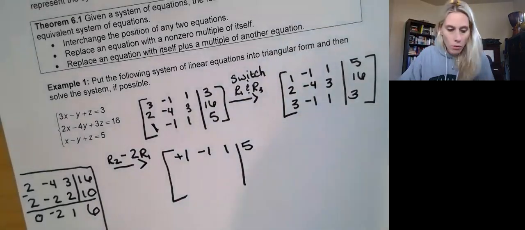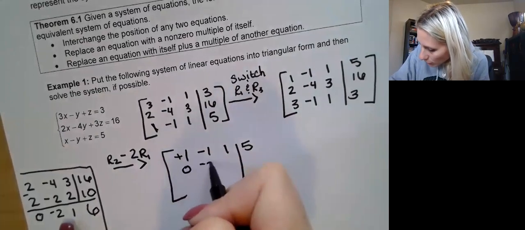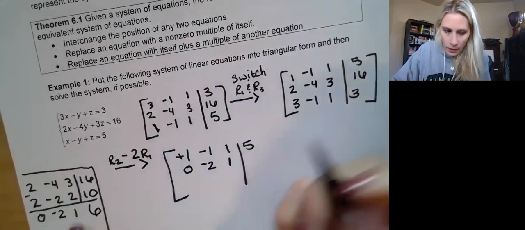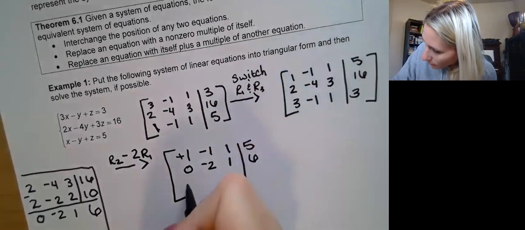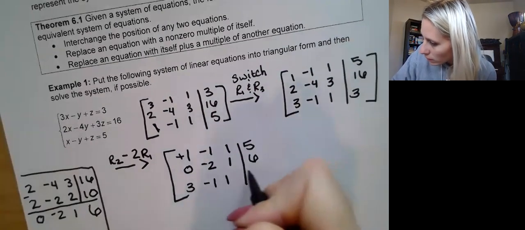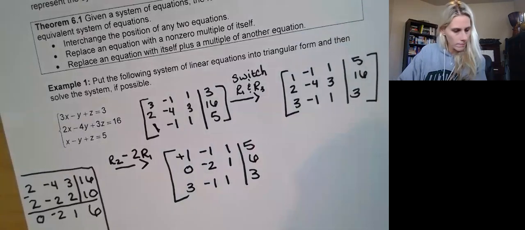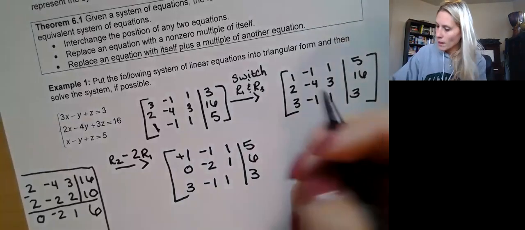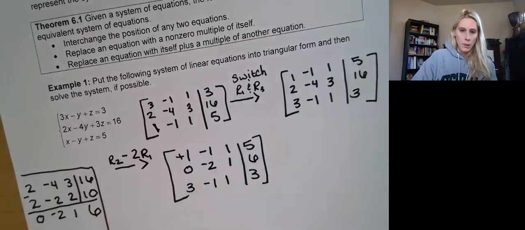Now my new row 2 is this, 0, -2, 1, 6, and I still have 3, -1, 1, 3. Okay. Now, what else can I do?